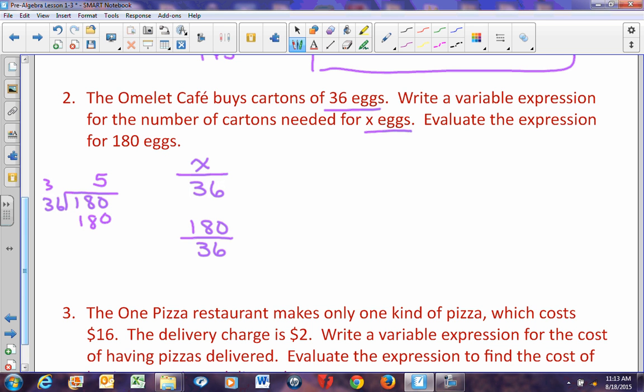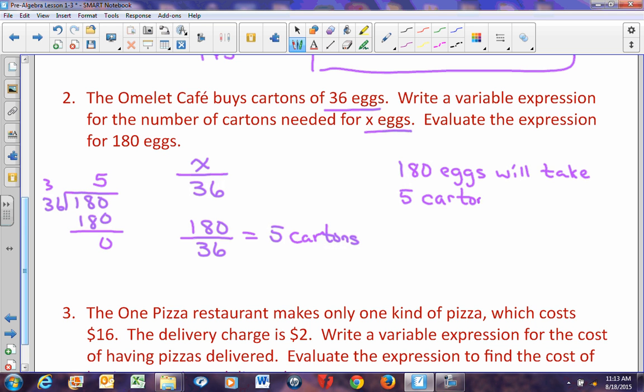Yep, there we go. So this equals 5 cartons. 180 eggs will take 5 cartons. There's our evaluation, and here's our expression.